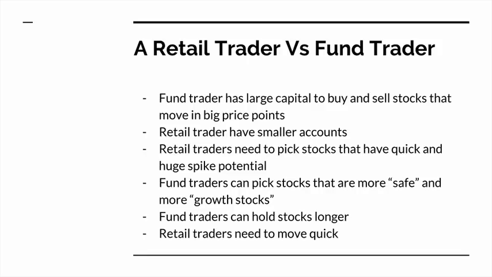What they're able to do is buy and sell stocks that move in bigger price points. For example, they will be buying Tesla, Apple, stuff that gains like $2 to $3 a day, goes up and down. It could scale above and beyond. Alibaba is a good example of a stock that they will be investing in.